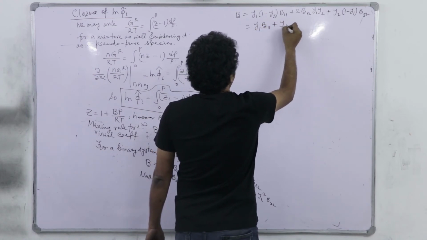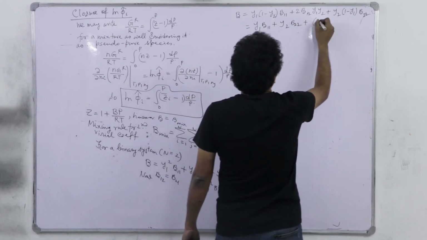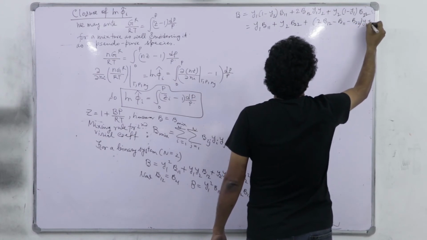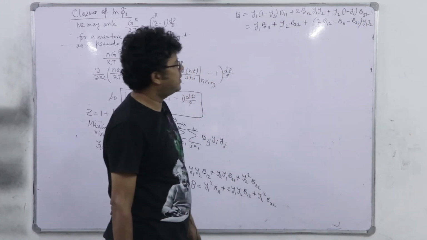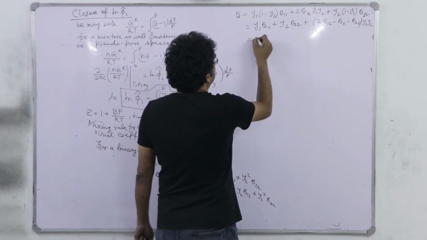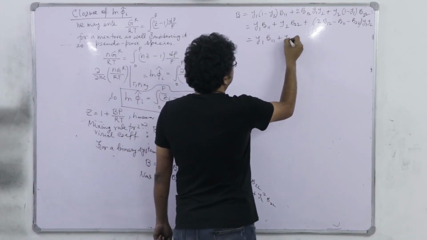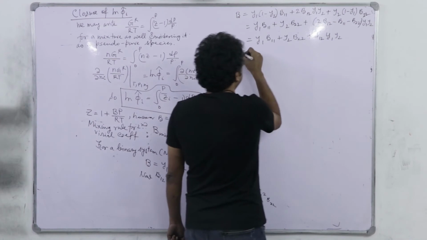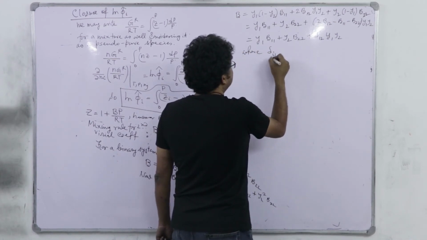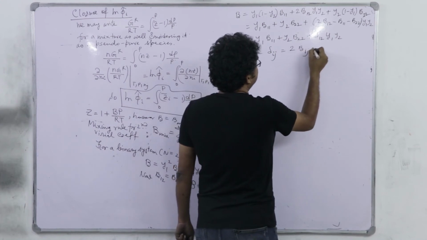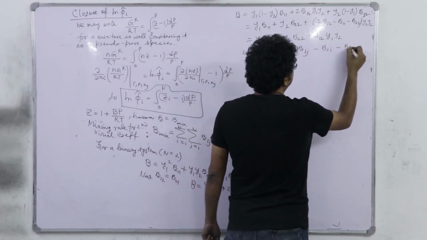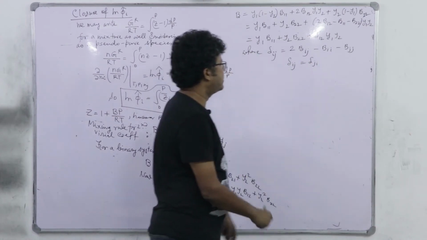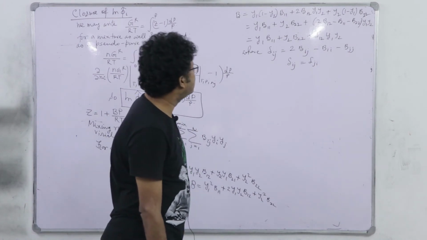B equals y1 B11 plus y2 B22 plus (2 B12 minus B11 minus B22) into y1 y2. Let us write delta 12 y1 y2, where delta ij is equal to 2 Bij minus Bii minus Bjj, and note that delta ij equals delta ji, they are the same, because B12 equals B21.